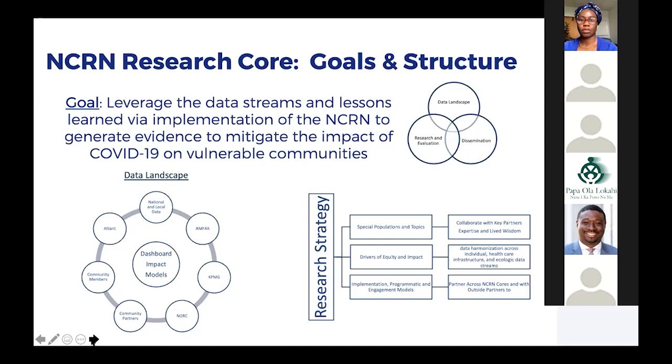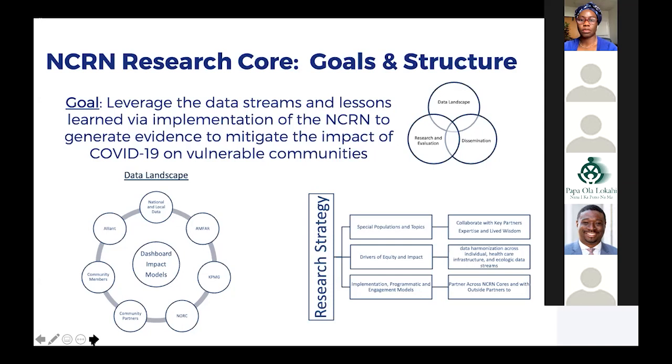Our research strategy is going to be threefold. We're interested in taking a deep dive to highlight the expertise of our key partners and the lived wisdom of our community through special population and topic briefs. We are interested in understanding what are the drivers of equity and impact of the network through our scholarly work.